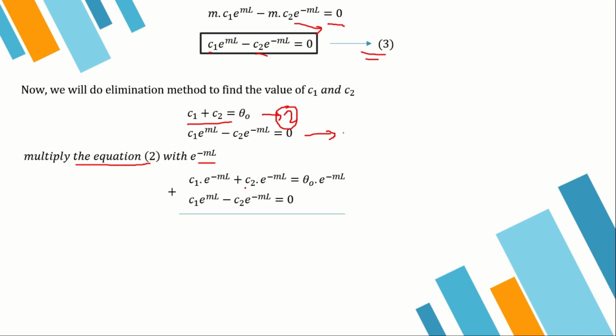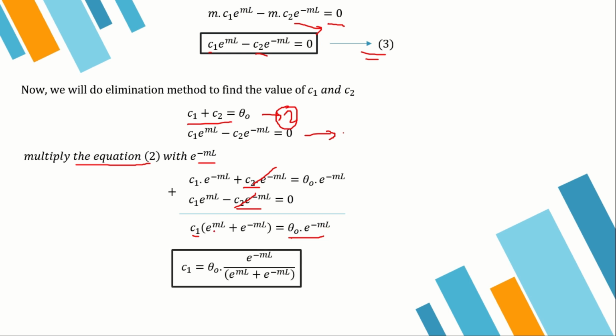On addition, we can see that these two terms would cancel out each other, and we would be left with c1 times (e^(mL) plus e^(-mL)). We take c1 common, and on the right hand side we are left with θ0 e^(-mL).